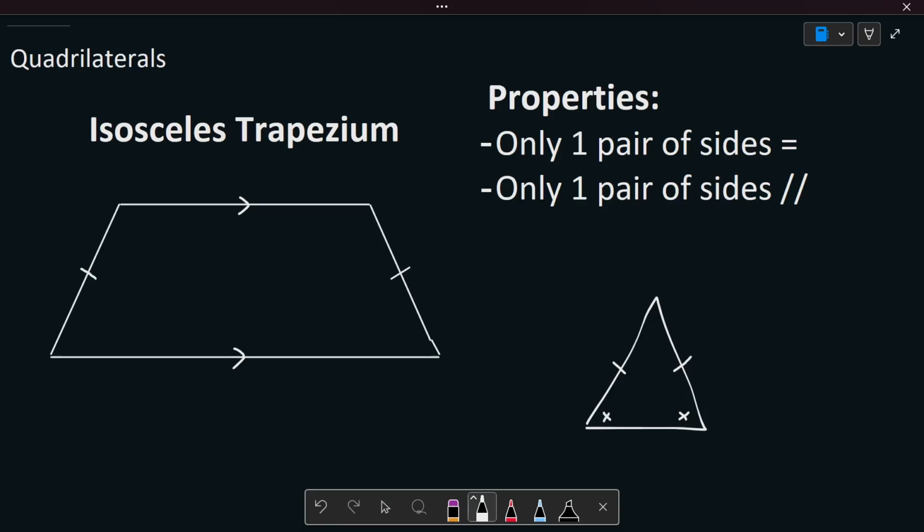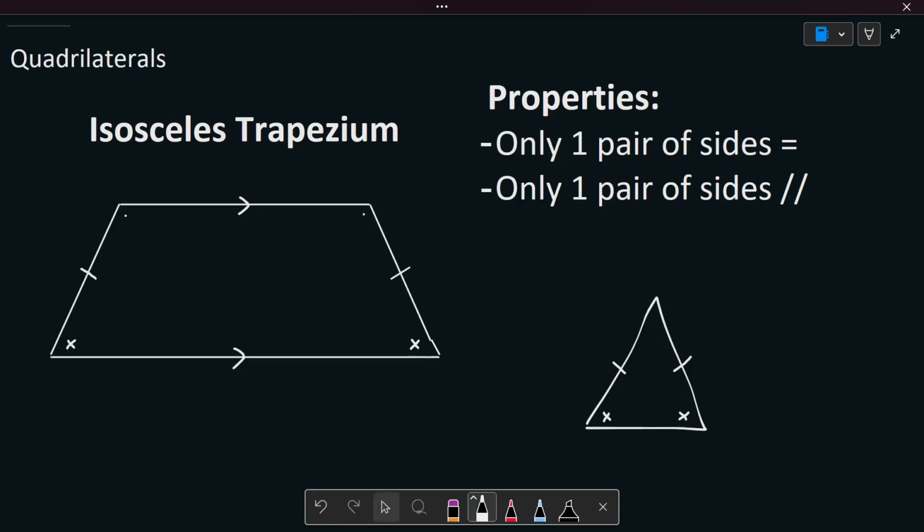Now, what we know about an isosceles trapezium is we can say the same thing over here. We can say that this angle here is actually the same as this angle over here, because only in an isosceles trapezium. And then we can say over here, instead of only two opposite sides being equal, this side over here and this side, these sides are equal to each other.